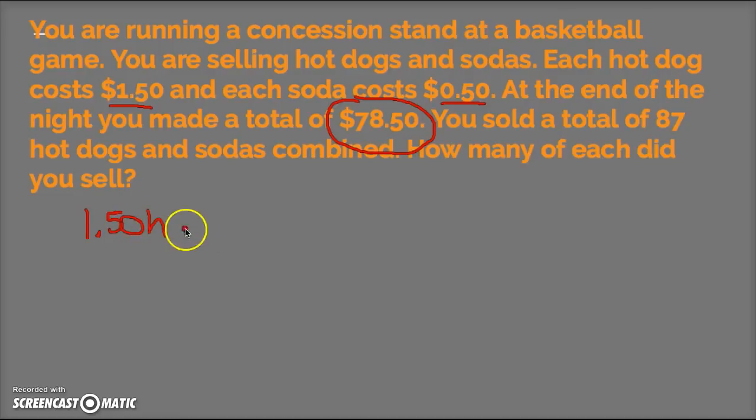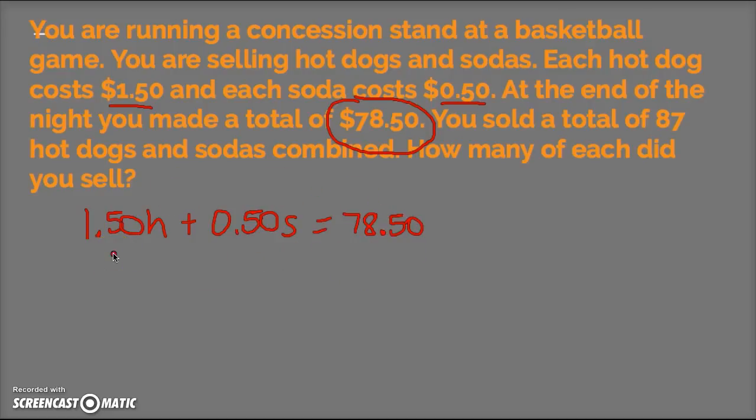Then I'm going to add what the soda costs. Well, the sodas cost 50 cents per soda. So to get your total, you take $1.50 times however many hot dogs you sold, and then 50 cents times however many sodas you sold, add them together, and that will give you your total. So here's one equation.